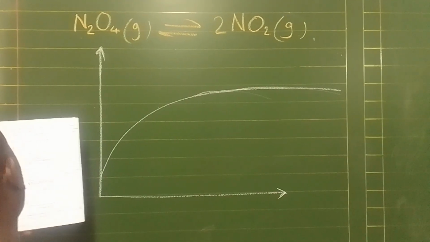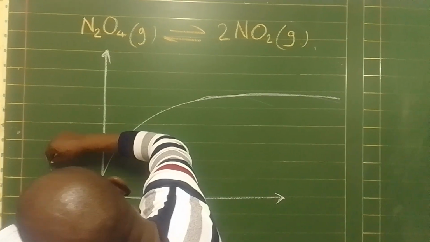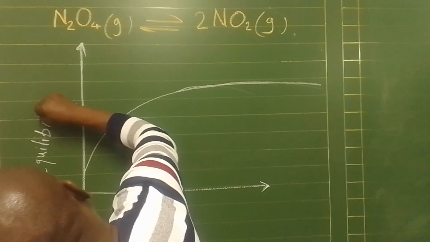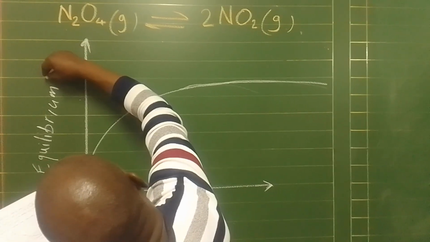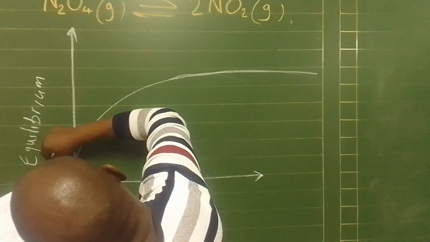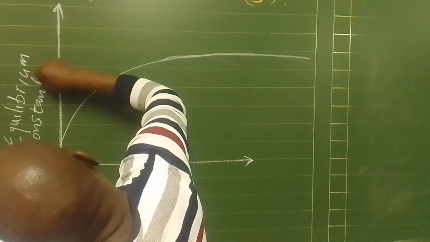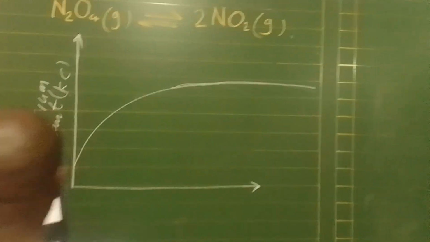Right, this graph indicates the equilibrium constant. This is the equilibrium constant.